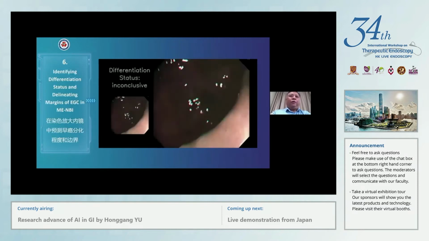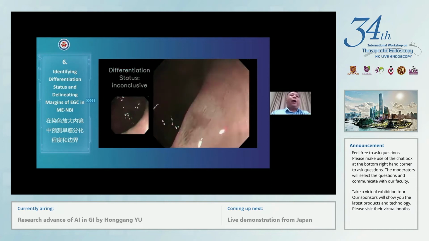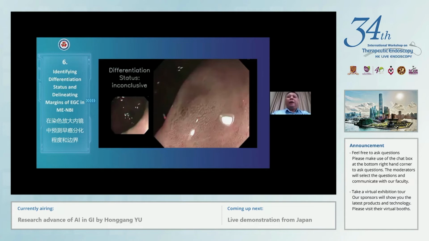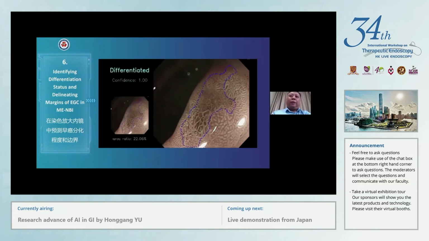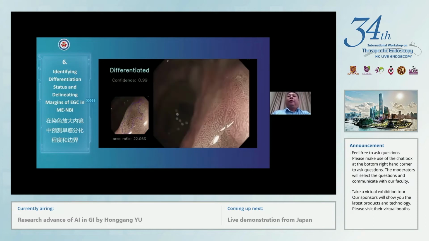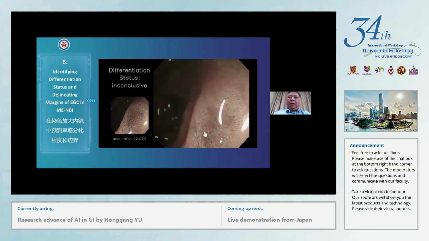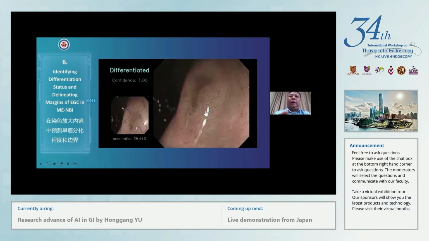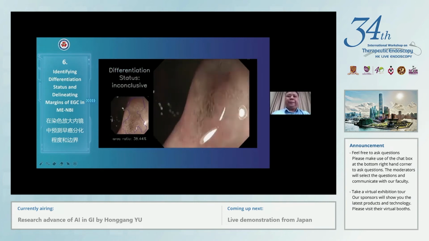The sixth function is to identify the differentiation status and delineate the margin of EGC under ME-MBI. You can see this lesion, and ENDOANGEL thinks it is a differentiated carcinoma. It also shows the margin, or the demarcation line.